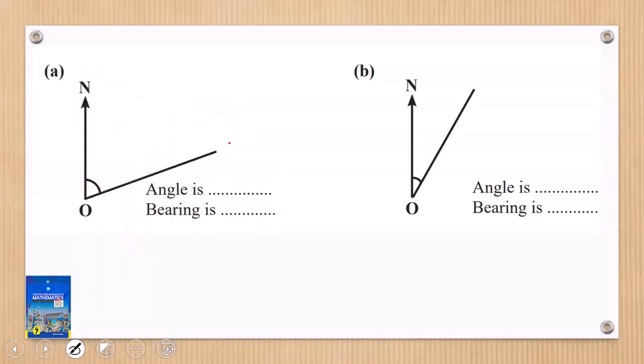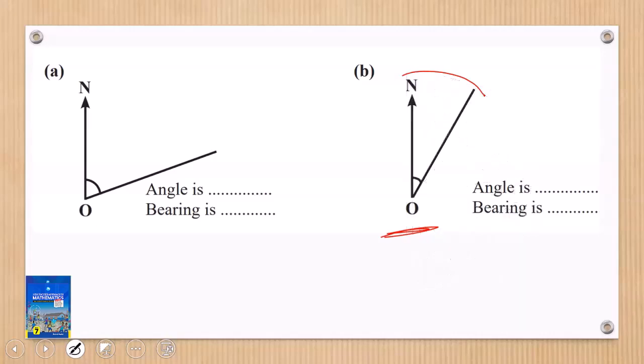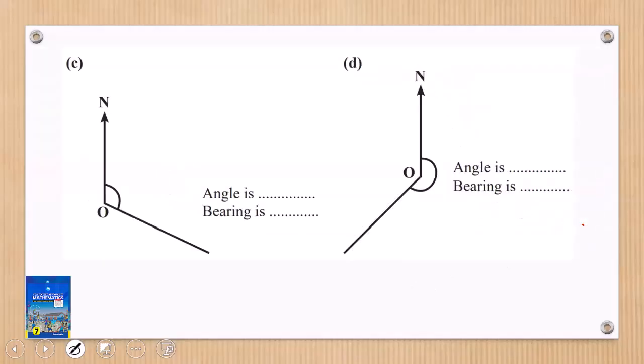Then this one too, we want to measure the angle, and here the angle we have is 30 degrees, and so we write 30 degrees here, but then the bearing becomes 030 as well. Okay, now let's take another angle here.